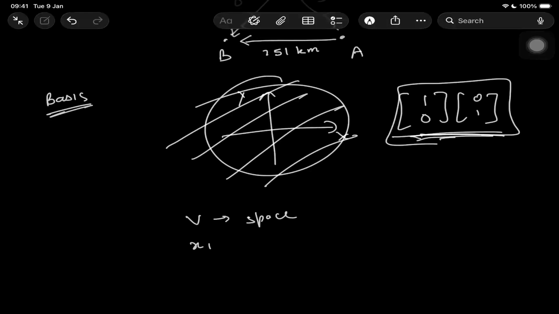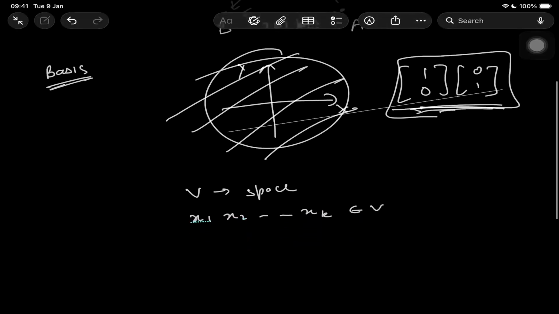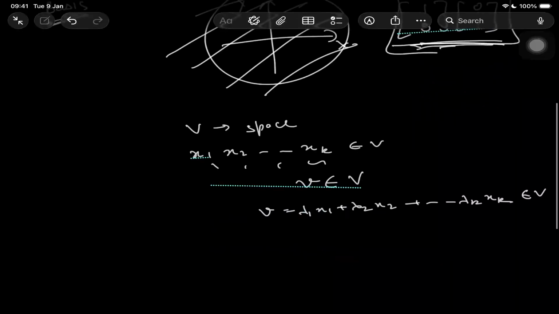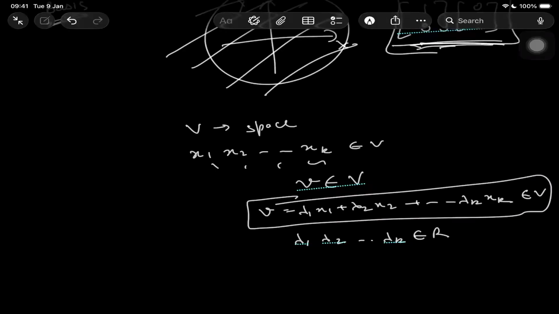And we have a finite number of vectors, suppose x1, x2 till xk, and they all belong to vector space V. Then every vector v present in the vector space is of the form v equals lambda 1 x1 plus lambda 2 x2 plus ... plus lambda k xk, which belongs to V. Here lambda 1, lambda 2, lambda k all belong to R. So this is what we call a linear combination of vectors x1, x2 till xk.